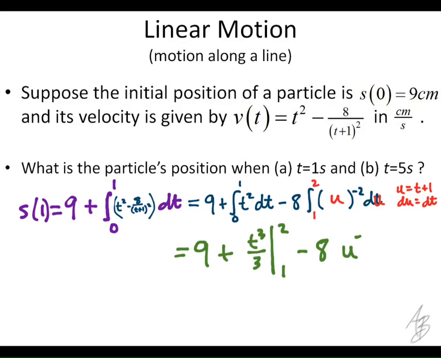Well, it would be u to the negative 1 divided by negative 1, right? Yeah. And when I divide by that negative 1, I'm just going to change the sign on the 8. Sorry, I made a mistake here. This lower limit should still be 0, and this upper limit should still be 1. Thanks, Ethan. We'll evaluate that from 1 to 2.